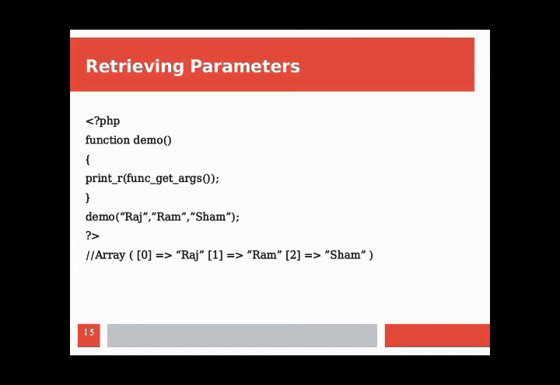So array 0 holds the value Raj, 1 holds Ram, 2 holds Shyam, printed in array fashion. And func_get_args means all arguments, it will take all arguments at a time. So that's why here it will print Raj, Ram, Shyam.